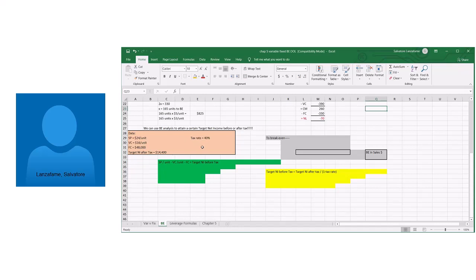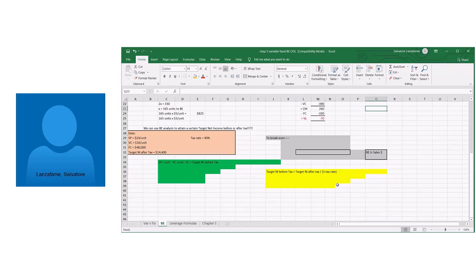And assuming a tax rate of 40%. All right, so we're trying to get a target net income. You can do this before or after tax, but I'm going target net income after tax.